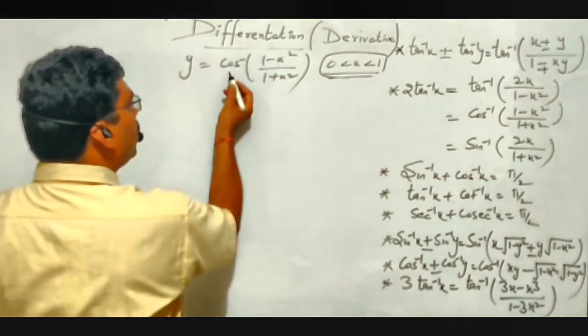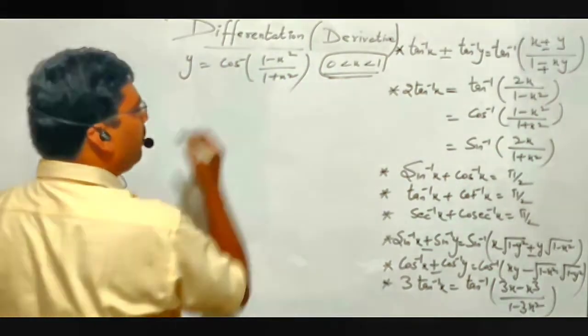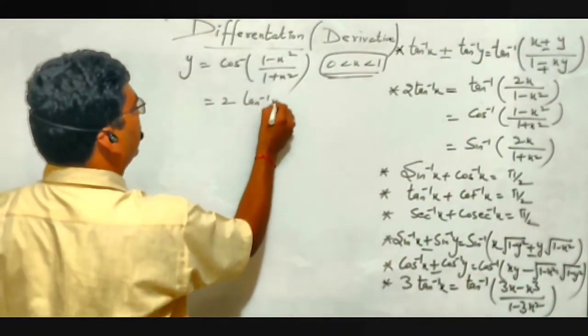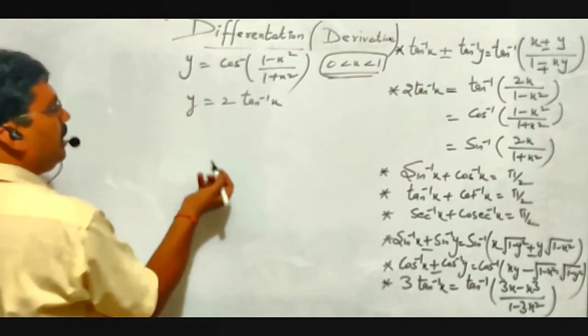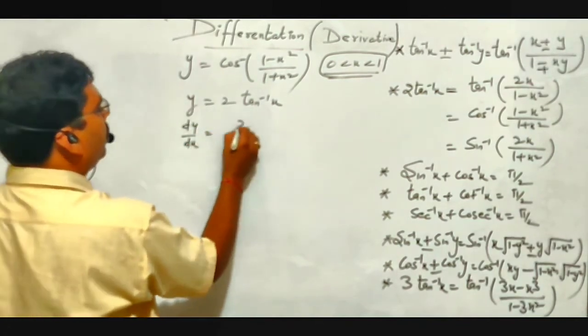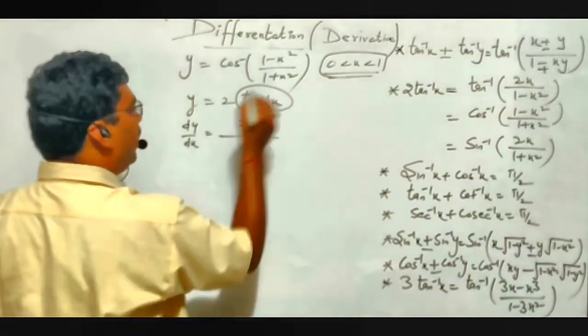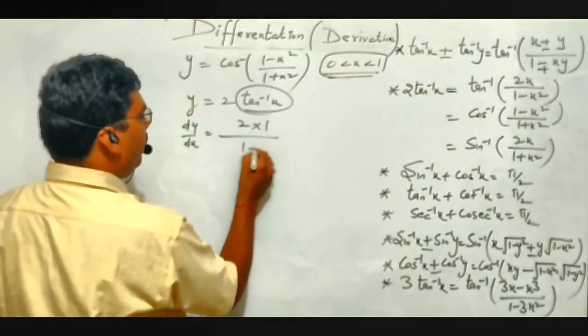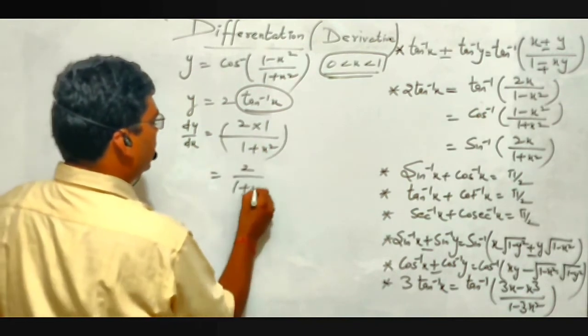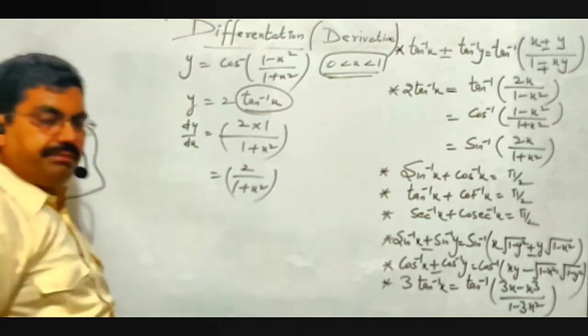Now cos inverse of (1 minus x square) by (1 plus x square) is equal to 2 tan inverse x. Now the derivative dy by dx equal to 2 times the derivative of tan inverse x, which is 1 by 1 plus x square. So 2 by 1 plus x square is the answer.